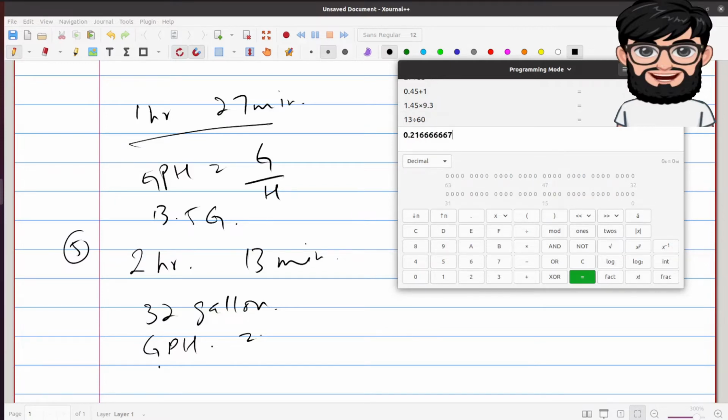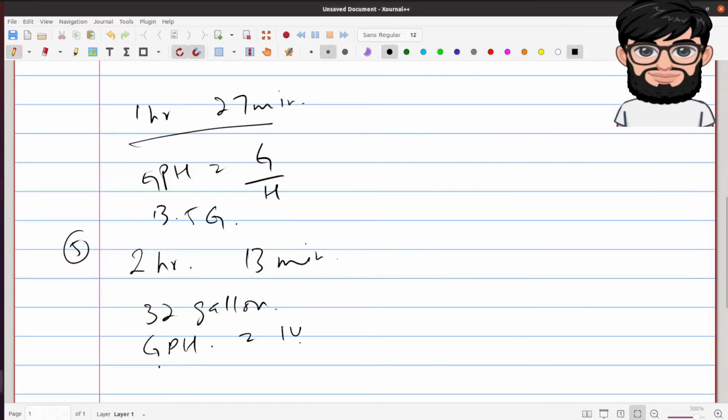So it is actually 2.21. Then 32 divided by 2.21 would be 2.22, so the gallons per hour is going to be 14.4.